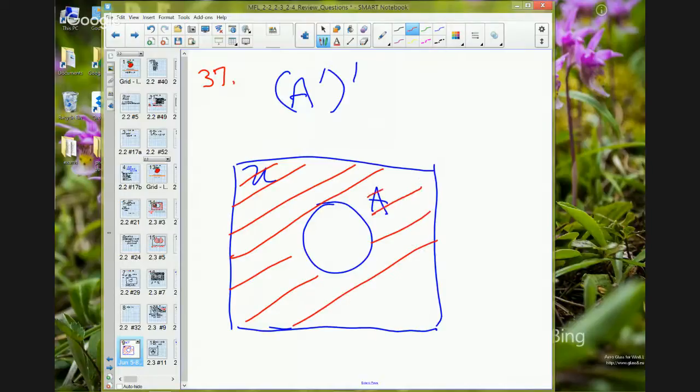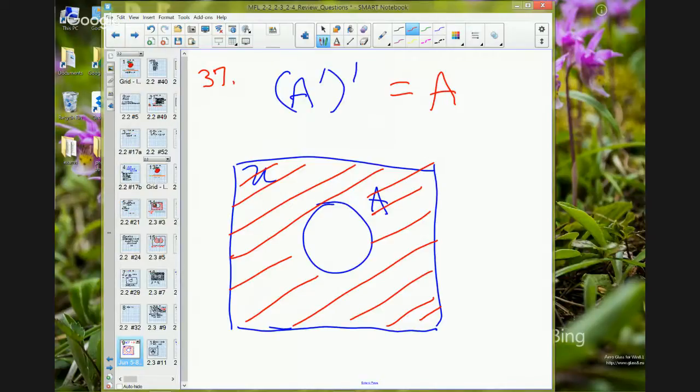Now this gets a little tricky. So now look at the red. What's the complement of the red shading? The circle? Yeah. So in other words, you're telling me the answer to this is A. Okay. And your reasoning was correct.